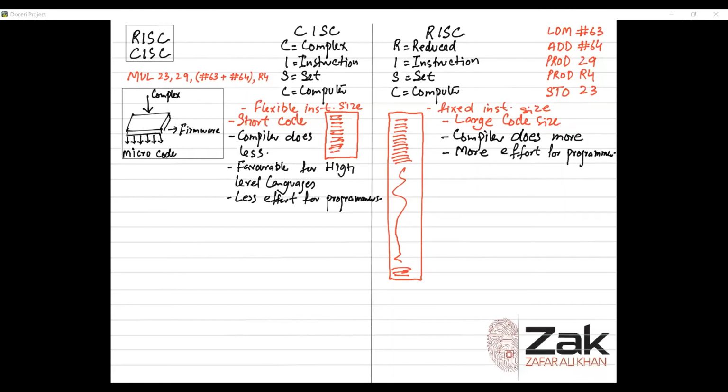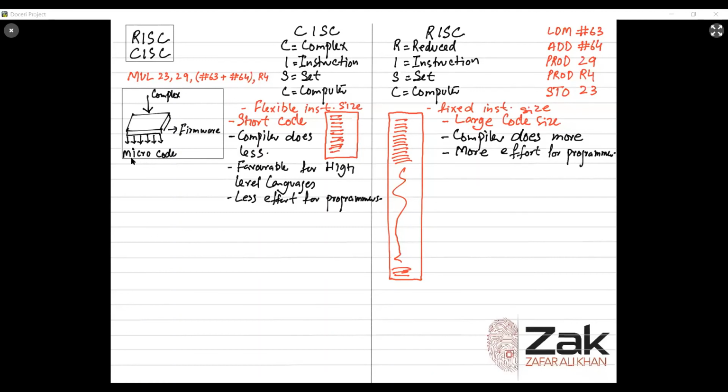Firmware is the software which is built into the processor by the manufacturer of the processor, and the first and foremost task of this firmware is to break a complex instruction into microcode. What is microcode? Microcode is making a complex instruction code into a form which is simpler instruction code. So when we do it, we call it RISC.